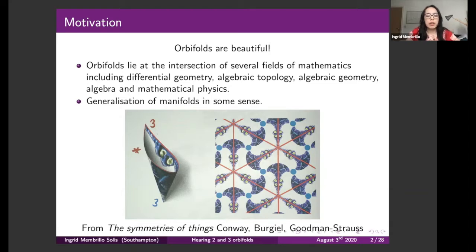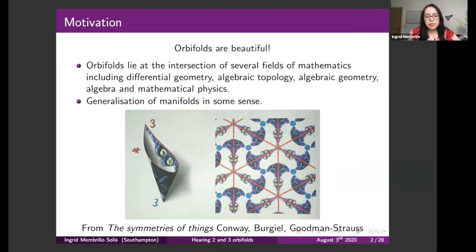In this case, at the bottom of this orbifold, we have a cone point, which is an isolated singularity. At the top, we have another singularity called the dihedral point. And the upper part is obtained as a singularity by these reflections.